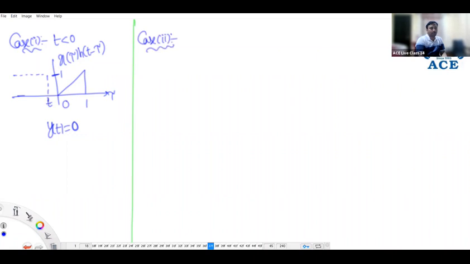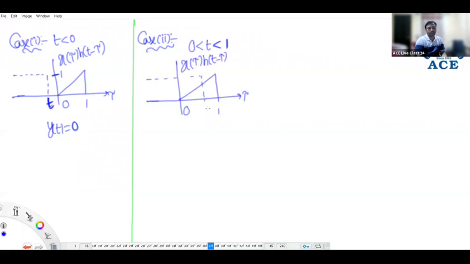Second case, because the other signal is now of finite length, enter t value between 0 and 1. X of tau remains the same. H of t minus tau like this. So y of t is the integral from 0 to t.